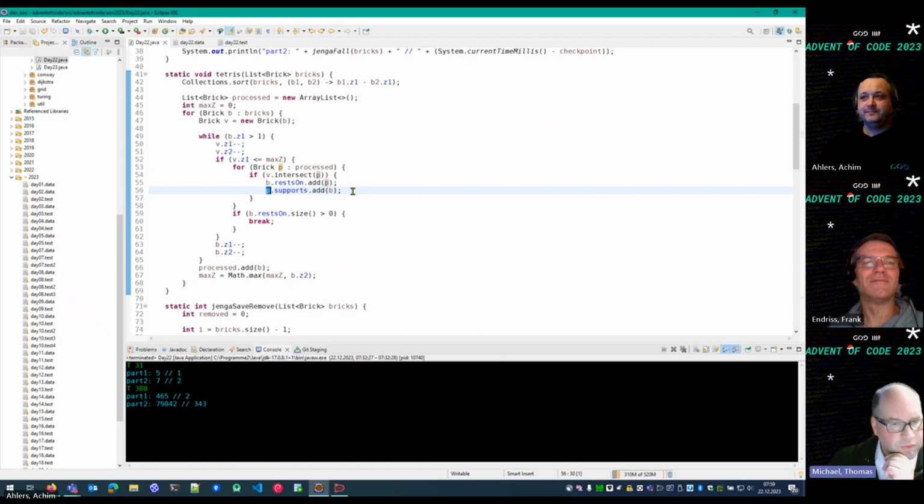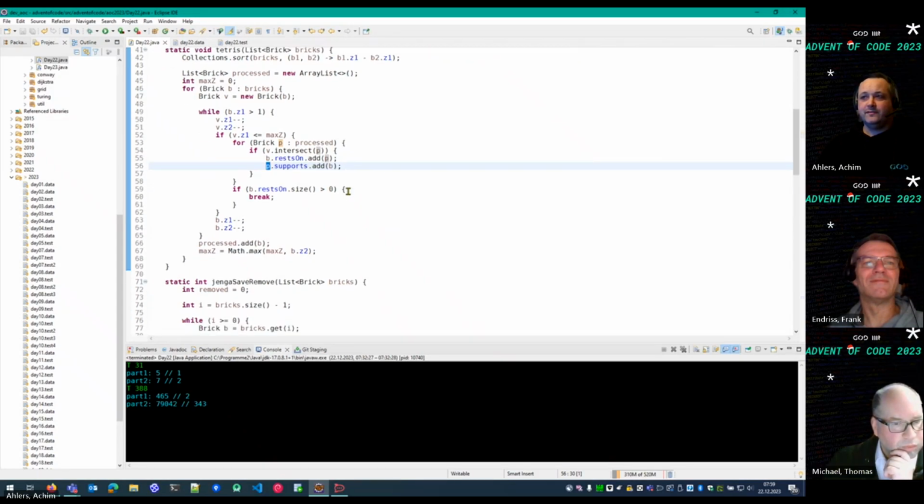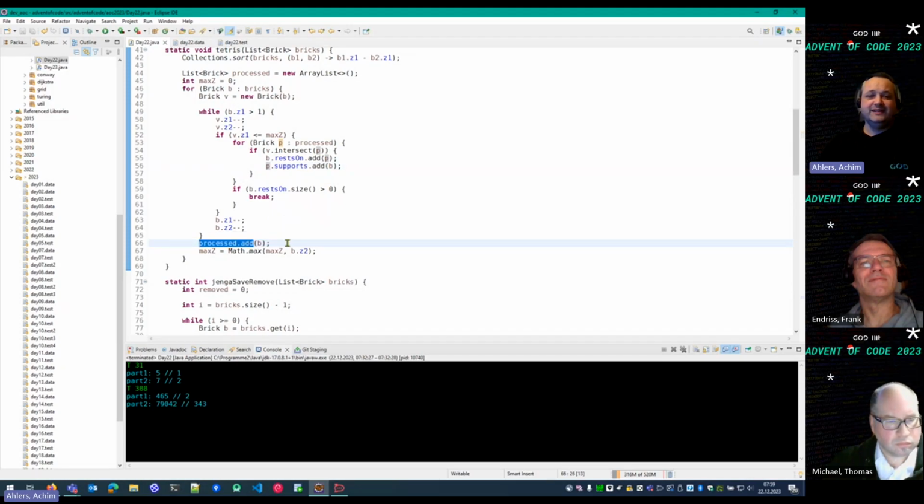This was the question of the first part, no? Who is supporting which brick? That is an important thing for both parts. And if I detect that my brick already rests on another brick, then I don't go down any further and add it to the list of already processed bricks.